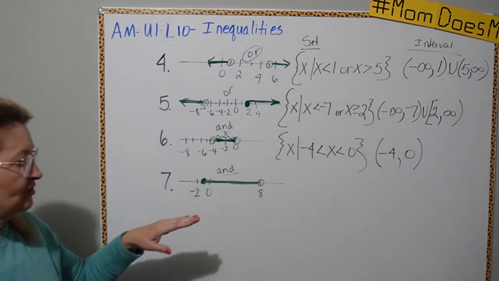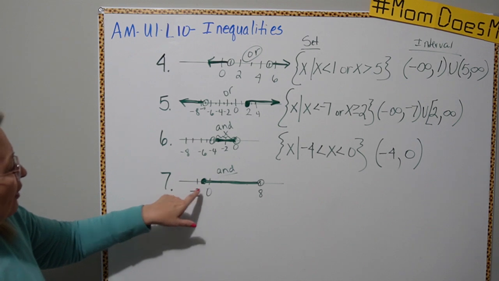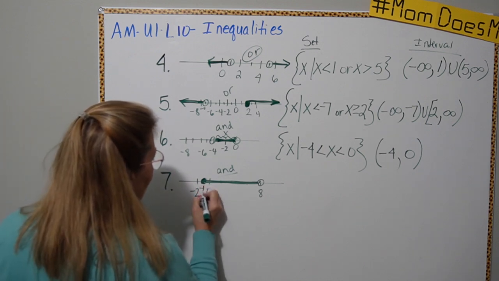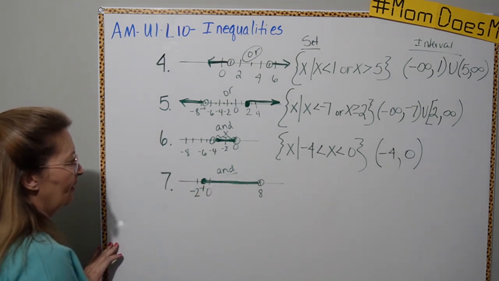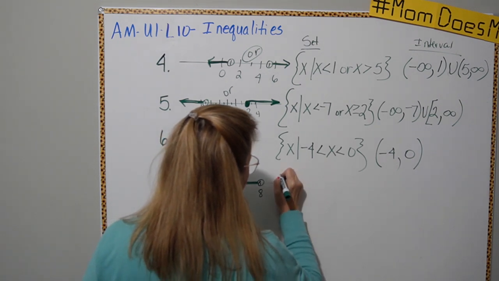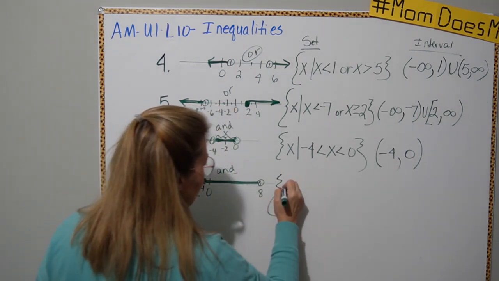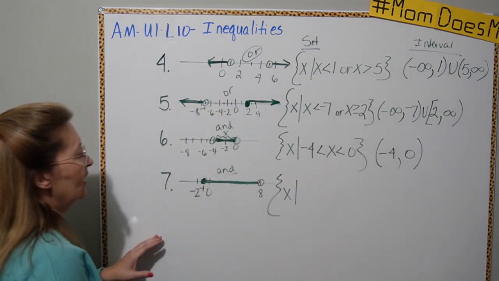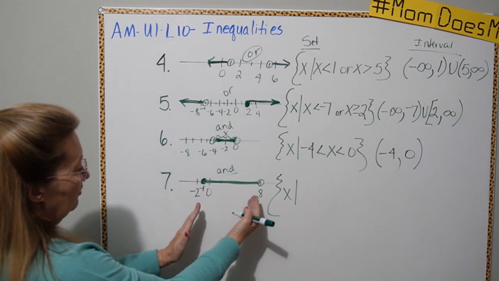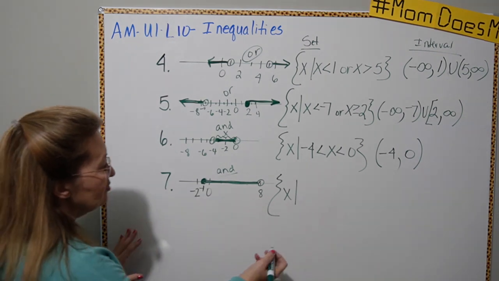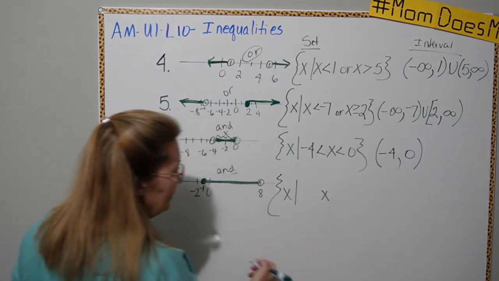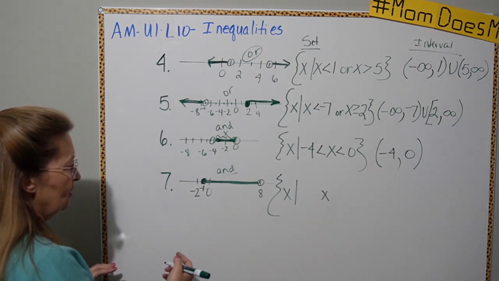Then let's look at this last one. We have a closed dot here at -1 and an open dot at the 8. So let's get ready for our set notation, x such that. Now since I have something on either end, that lets me know my x is going to be in the middle here on my set notation.